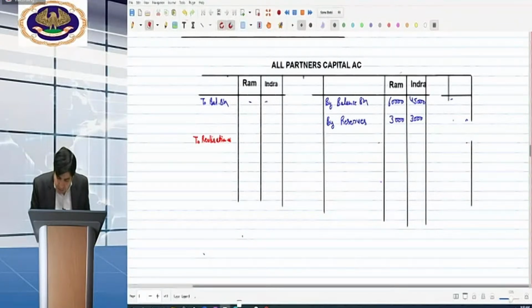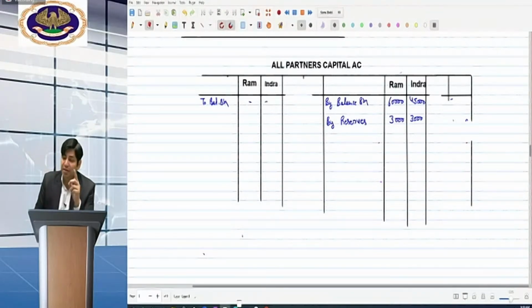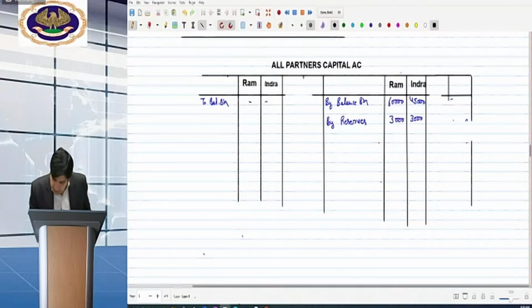Beta, maybe some assets could be taken over by a partner. From the realization account, the posting is there. Maybe any liability is there which the partner has decided to take over. That entry can also be there in the partner's capital account. So things coming from realization are to be ignored first. And now check.